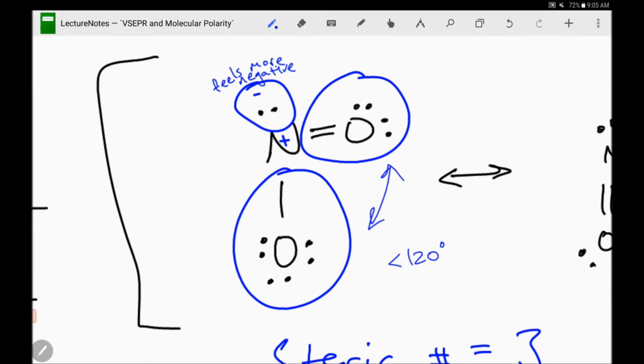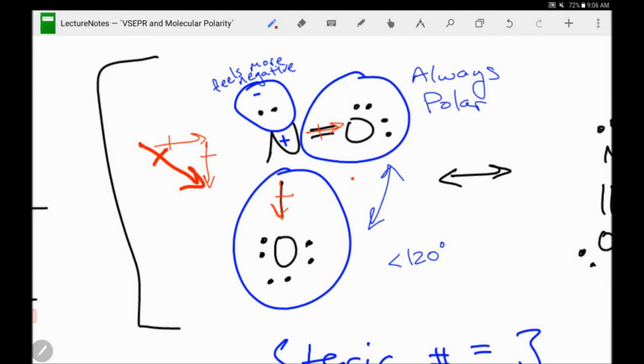The important thing to note here is that this shape is always polar. It's an asymmetrical shape. If you look at the bond polarities here, they're going to add up to give you something that definitely has a net pole in one direction.